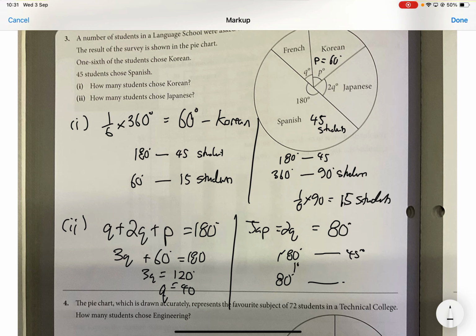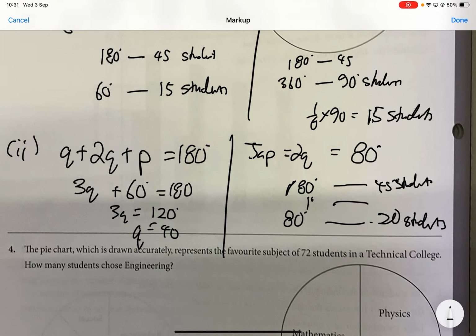I can first find 1 degree is how much, then find 80 degrees is how much. 45 divided by 180, then after that I times 80. Okay, 20 students, sorry. Okay?